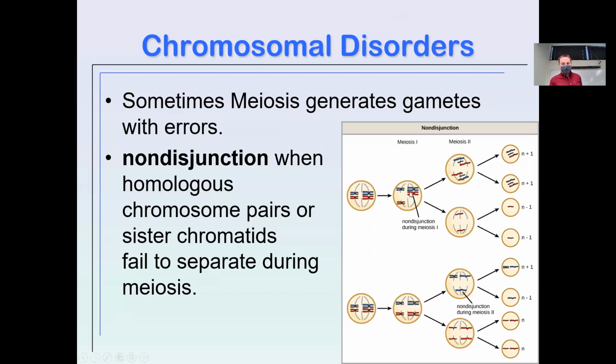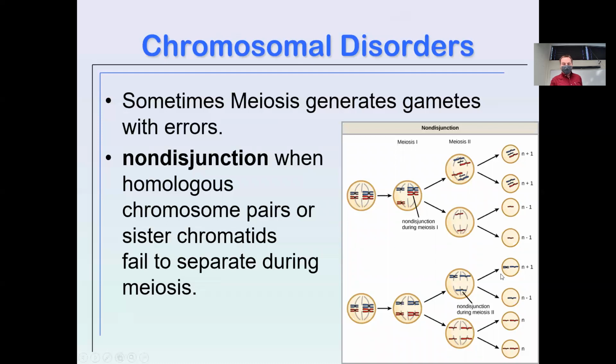So in this case, during meiosis 1, you have one pair of homologous chromosomes that don't separate. So now in meiosis 2, this set of gametes is going to have an extra chromosome, and these are going to have one less chromosome, because this pair ended up going this way, and the cells that resulted this way didn't have the extra pair from over here.